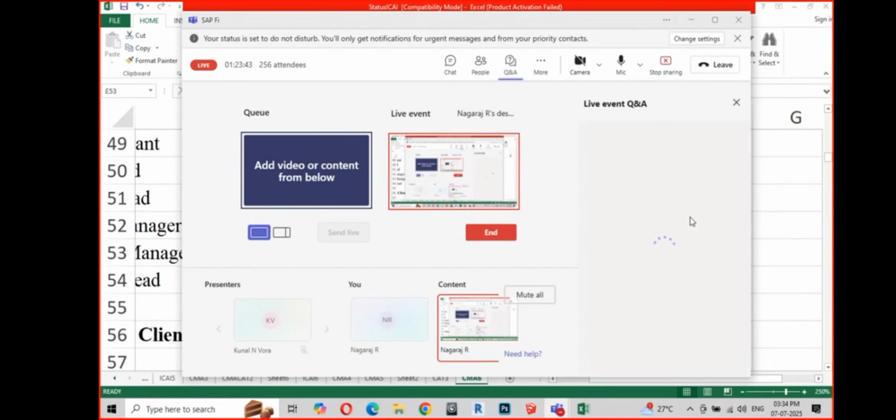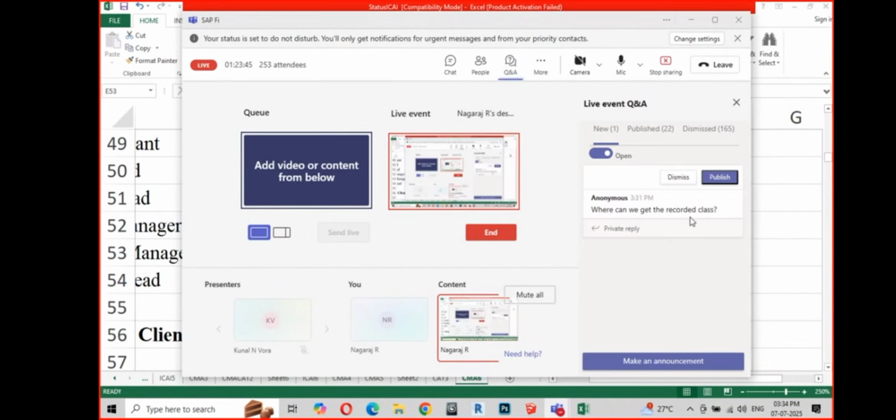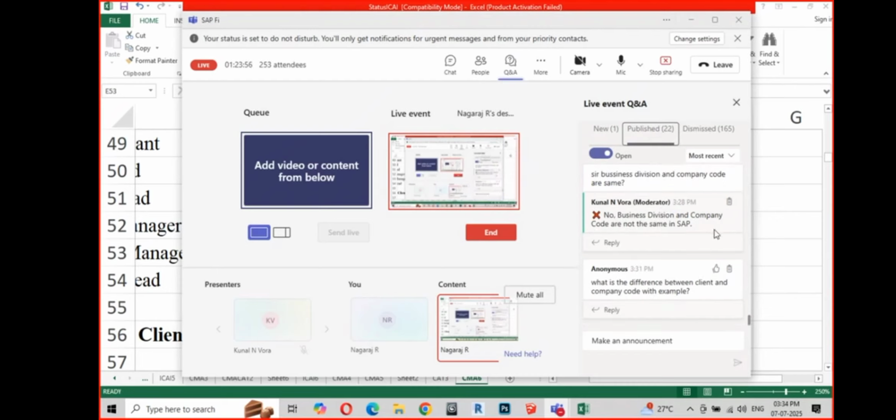If you have understood, I'll be more than happy. I hope you have understood this question. What is the difference between client and company code? Have I answered that question?